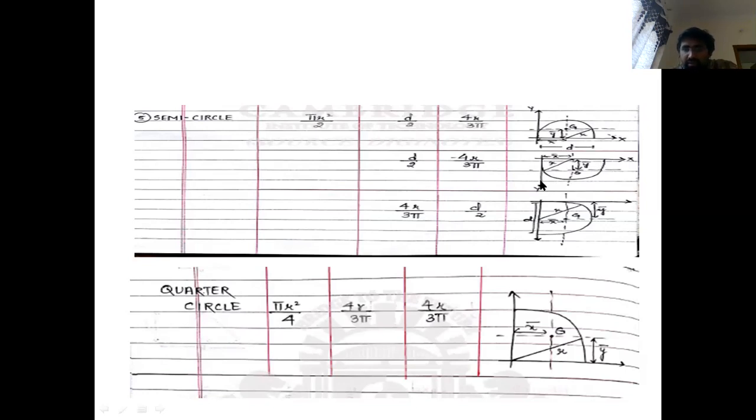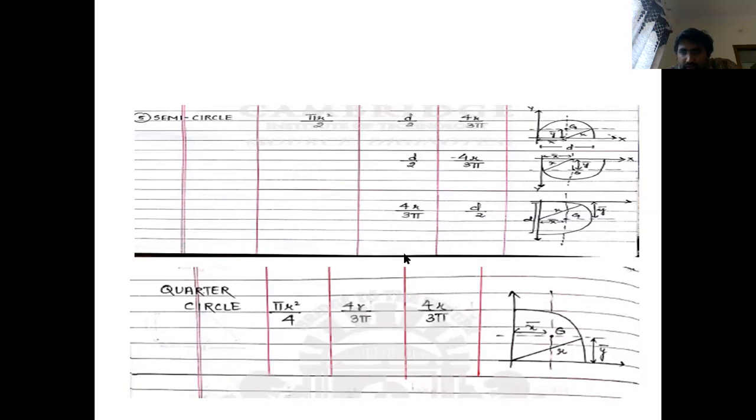For derivation purposes, all the figures we are keeping in the first quadrant, but if it comes up in problems, sometimes you may get it in the second quadrant, the third quadrant, or the fourth quadrant. So based upon the position of the figure, in whichever quadrant it is lying, I am supposed to take the distances. Here, this is an inverted semicircle. Inverted semicircle means it is located in the fourth quadrant.